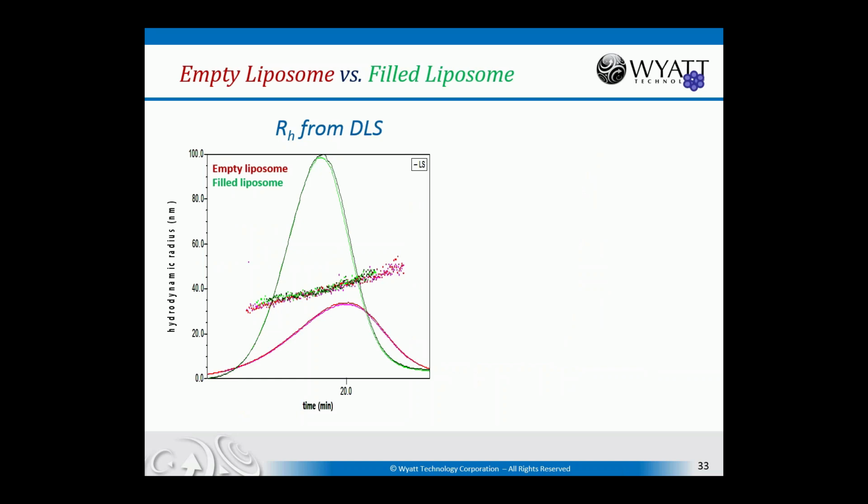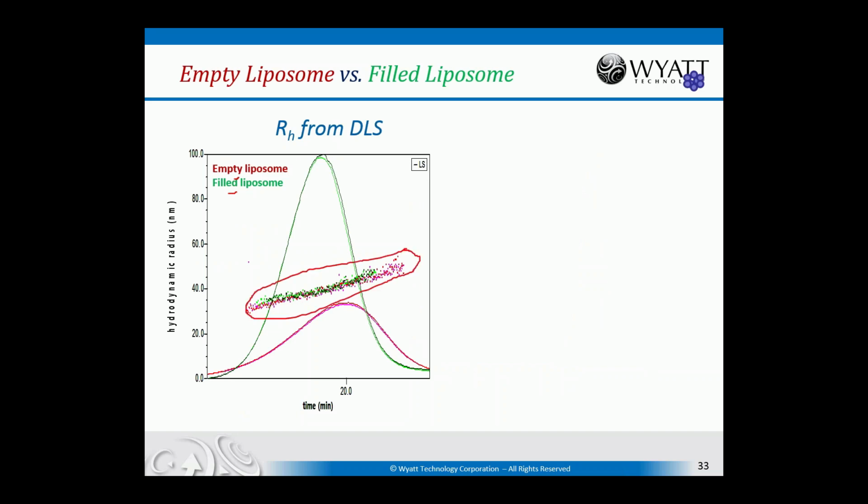So what we like to do is find a way to discriminate between those liposomes which do or do not carry a payload using a combination of the online separation with field flow fractionation, combining dynamic light scattering with multi-angle light scattering. Again, if we do the separation of these liposomes, the empty liposome being the red and the filled liposome being green, and measure the hydrodynamic radii, they're identical.